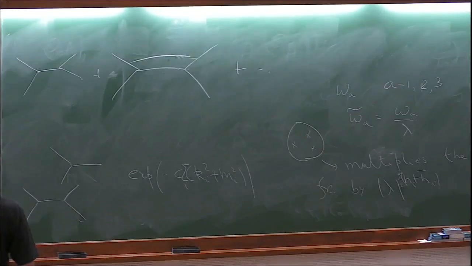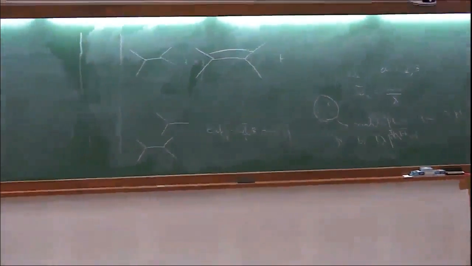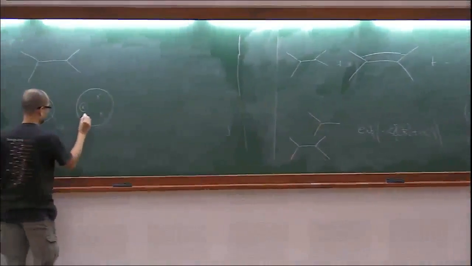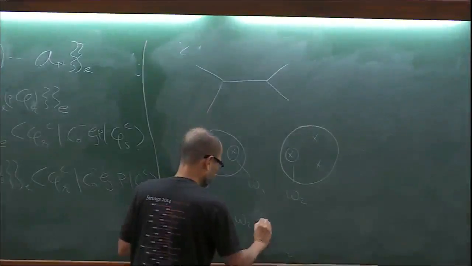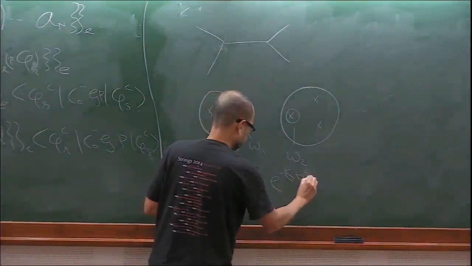if you now glue, suppose you take this diagram. This corresponds to this in the Riemann surface picture. You take 3 punctured spheres and then do a plumbing fixture. This is w1, this is w2, and you glue by w1 w2 equal to e to the minus s plus i theta.